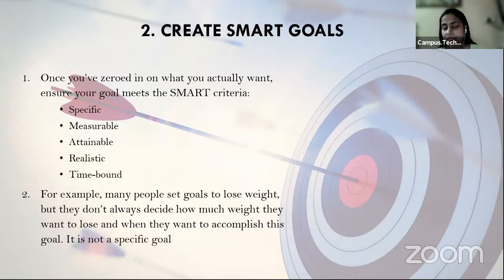You are setting a specific goal so that you don't reach a stage where you are demotivated, not satisfied, frustrated with your goal, and you quit in between. That's why whenever you are setting a goal, make sure it is a SMART goal, which is specific, measurable, attainable, which you can easily attain.